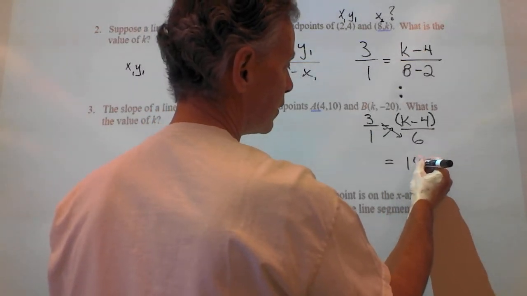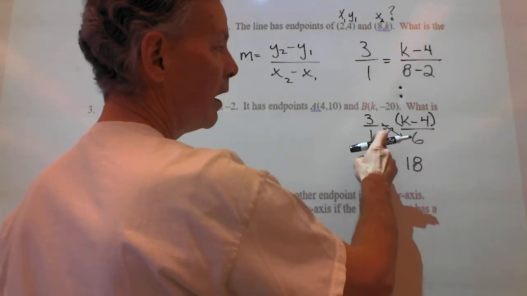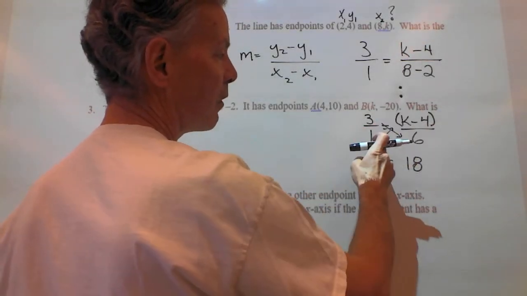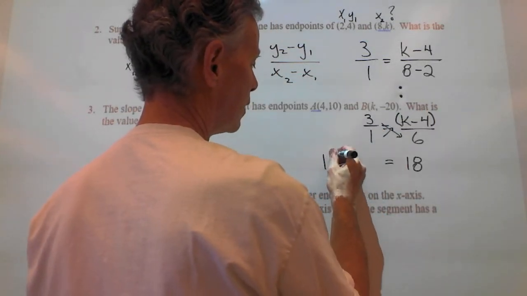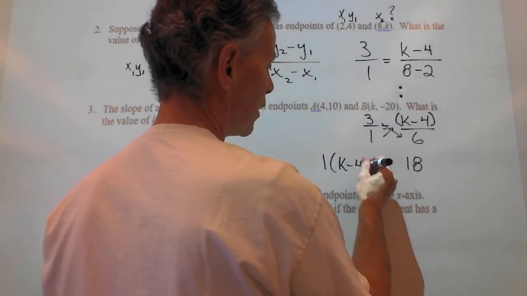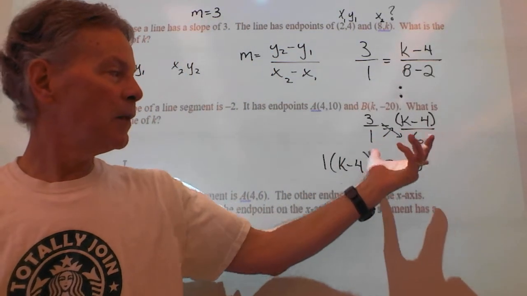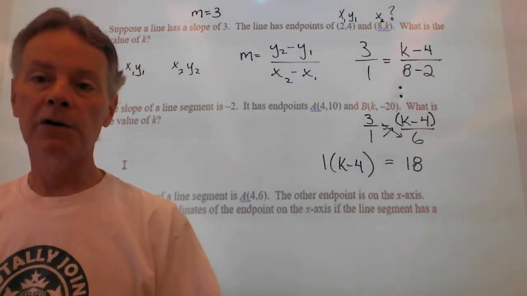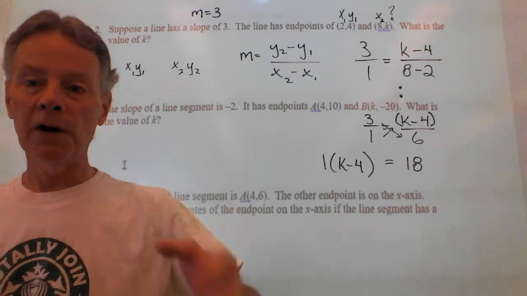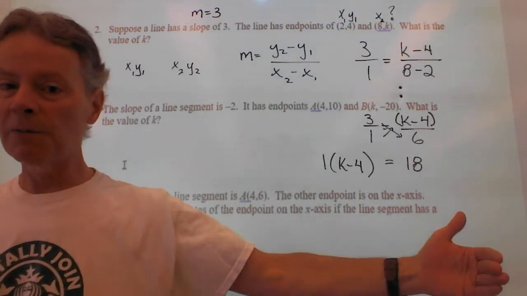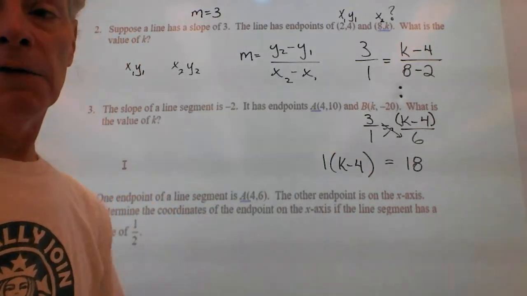That will give us 18. Okay? Over here, and you can see why I put it in brackets now, we're going to multiply 1 times k minus 4. So 1 times k minus 4. And what we've done is we've made this a much simpler equation just by getting rid of the denominators. So remember that. Whenever we have denominators in this chapter, we're going to try and get rid of them, okay? And so we did get rid of them.